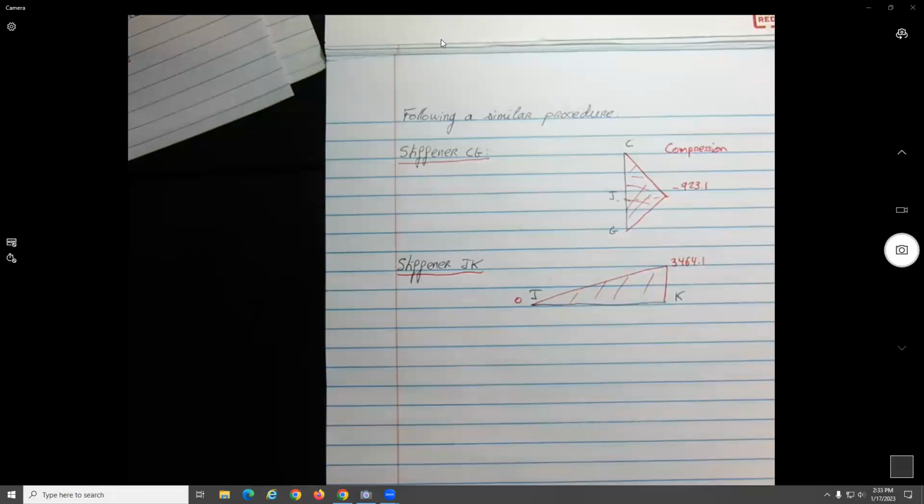Basically, this cannot be solved with summation of forces equal to 0, summation of moments only, it requires additional equations.